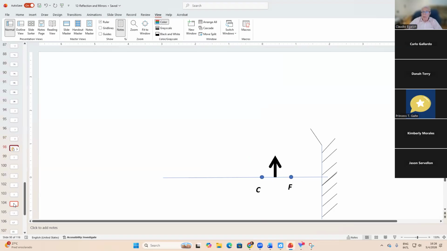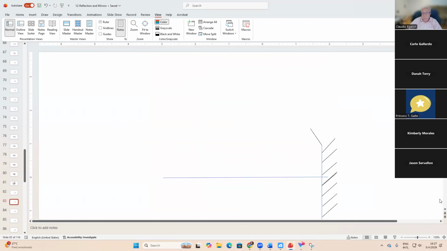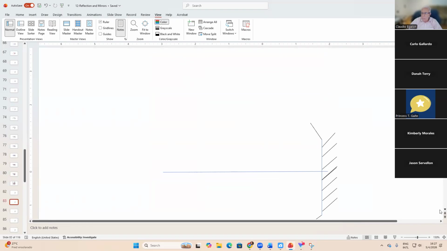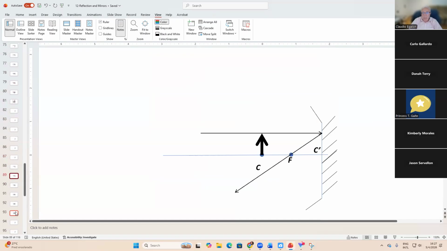So, first light ray, parallel to the axis. This one, right? Parallel to the axis. Not this one, the other one. Now we got it.